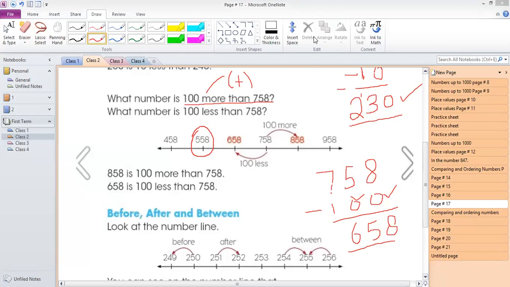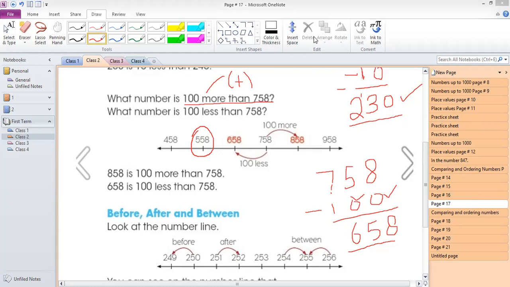Muhammad Talha, very good. Suleiman Al-Gheli, very good. I'm going to open your mic and you will tell me. Yes, guys, what is 100 less than 558?